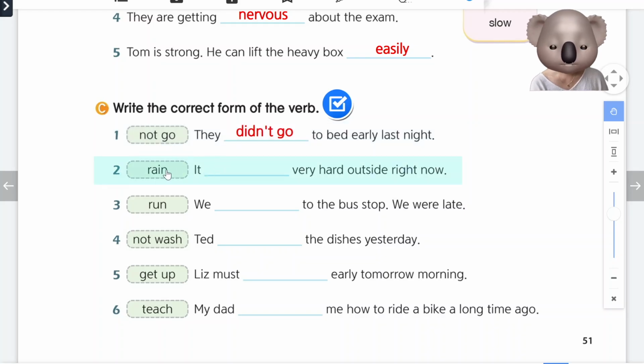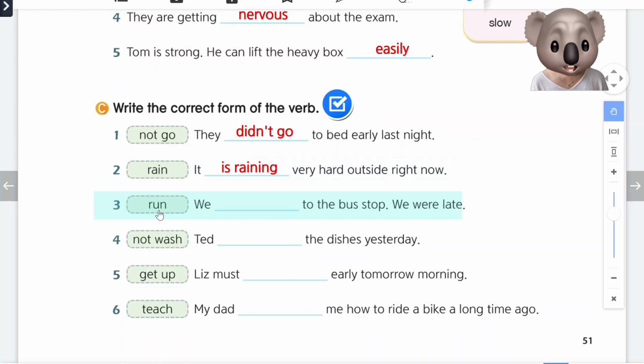Number 2, rain. It's very hard outside right now. 지금이라서 ing 사용해야 돼. It, 지금이라서 be verb plus 동사에 ing 붙여야 돼. It be verb는 뭐지? is 그리고 rain에서 ing 붙여서 It is raining very hard outside right now.